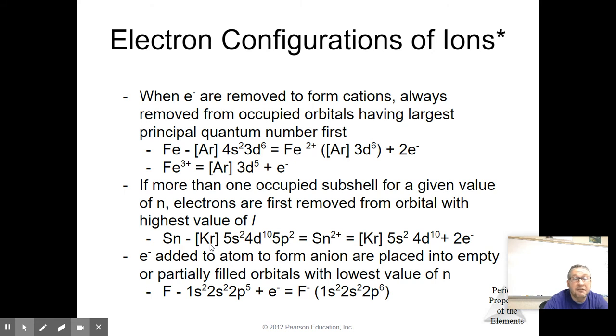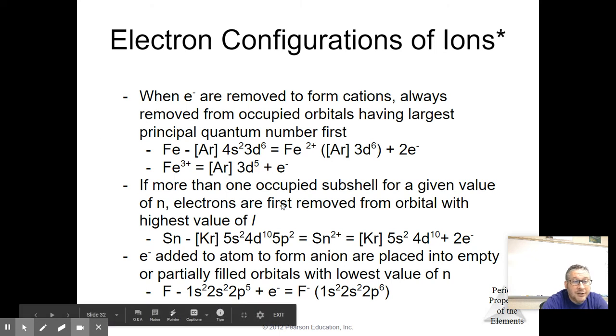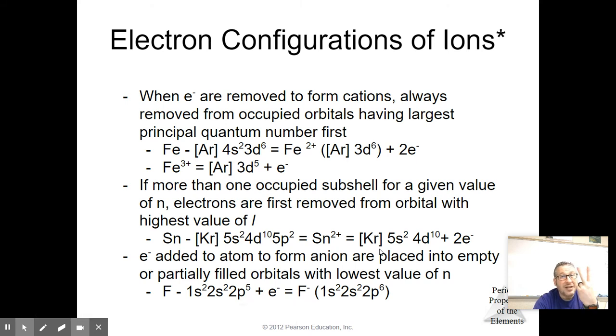Tin can form a 2+ ion, so those 2 electrons are going to be pulled from the subshell with the highest value of l.